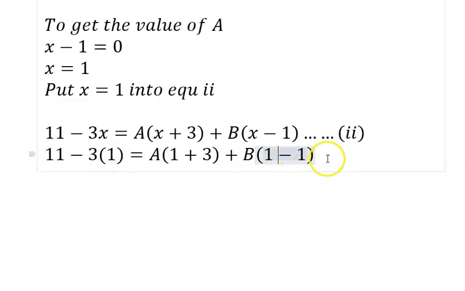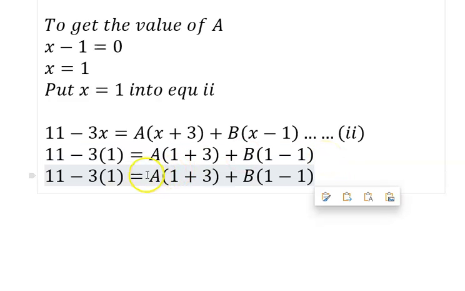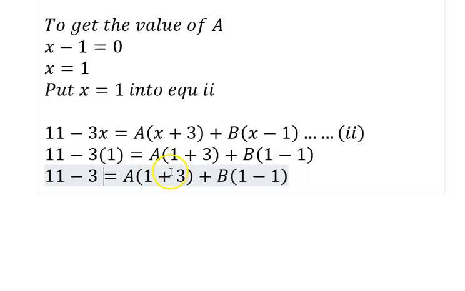Beautiful. So with this, we can now say 3 times 1 here will give us 3. Now 1 plus 3 here will give us 4. So we are left with 4a.